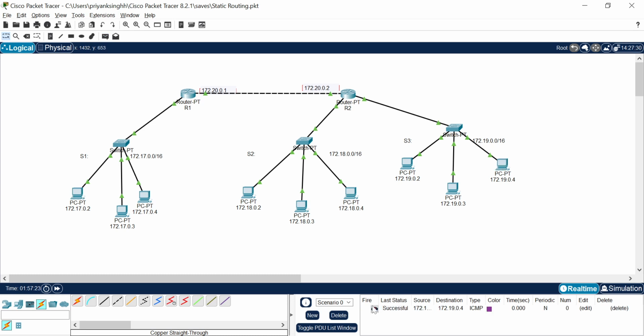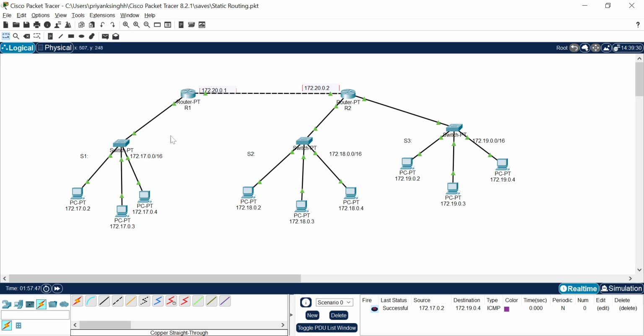We got a successful message over here. We can see that we are able to communicate from the 172.17.0.2 system to 172.19.0.4. It indicates that we are able to communicate across the router with different network systems by using static routing table entries.